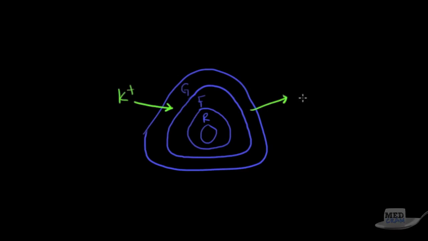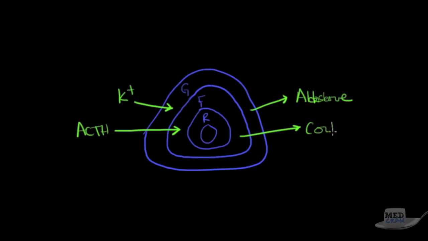It makes aldosterone, which works at the distal convoluted tubule of the nephron. The middle layer, the fasciculata, is stimulated by ACTH, and it's going to make cortisol. And the inner layer is also stimulated by ACTH, and it makes testosterone.